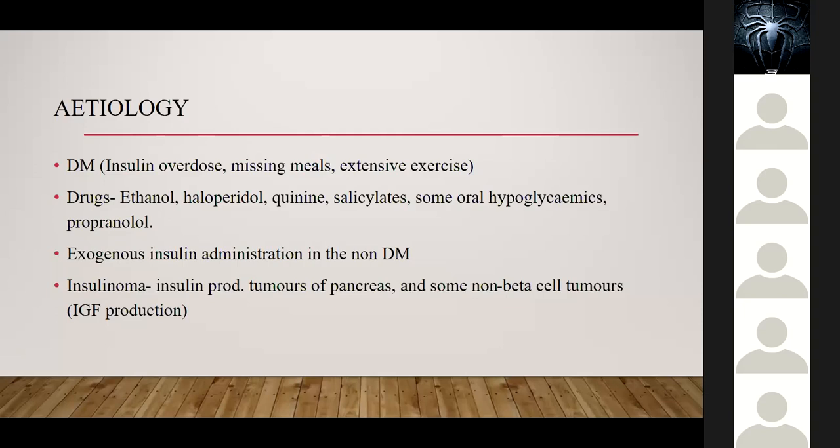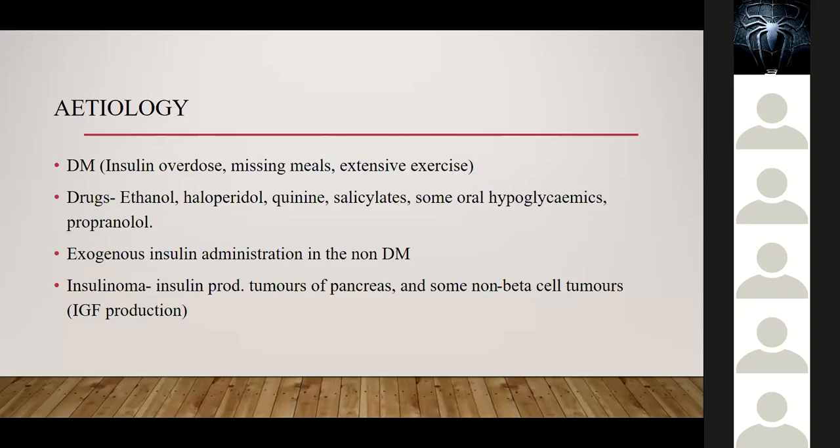Then you basically use the glucose in the exercise, and then the insulin will sort of overwork and you end up developing hypoglycemia. Certain drugs, as I said, like ethanol, haloperidol, quinine, and even your sulfonylureas, which we talked about, can have a hypoglycemic effect.